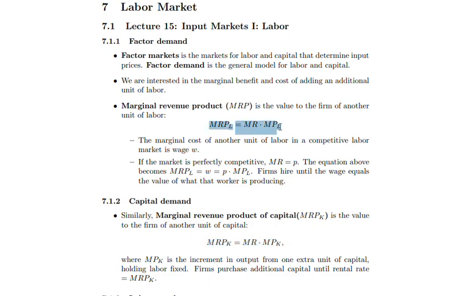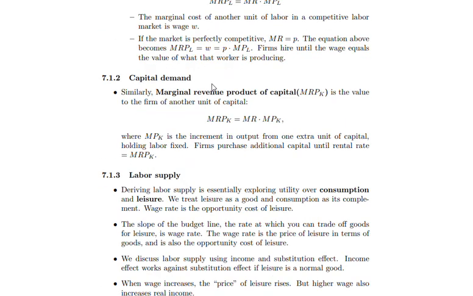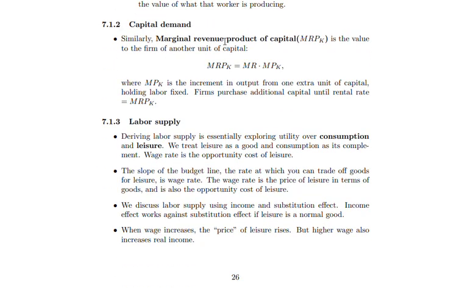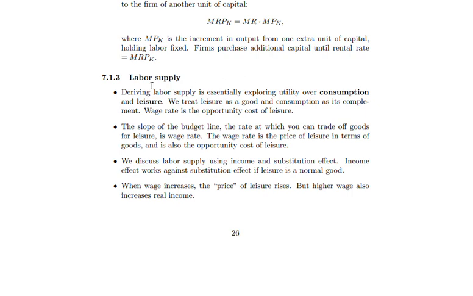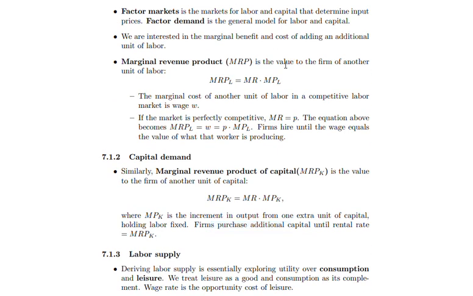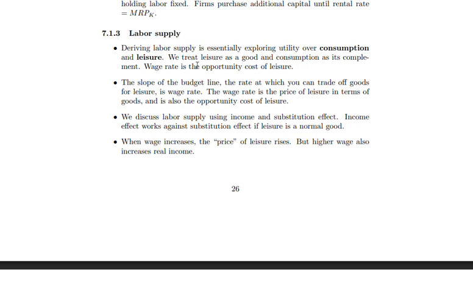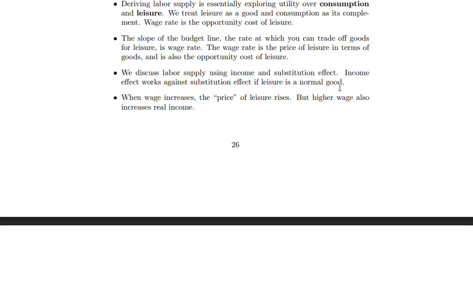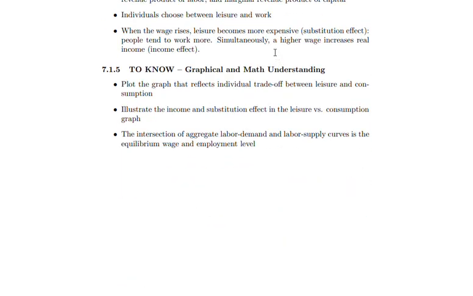We first talked about the marginal revenue product of labor and the marginal revenue product of capital, to help firms decide whether to purchase additional capital or additional labor. And for labor supply, consumption and leisure we need to take into account, and the opportunity cost is very important.